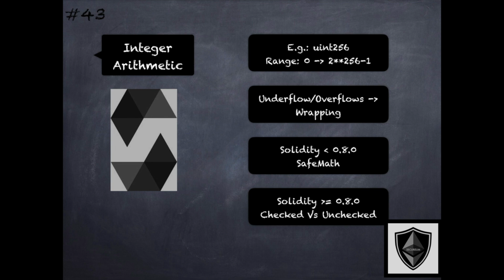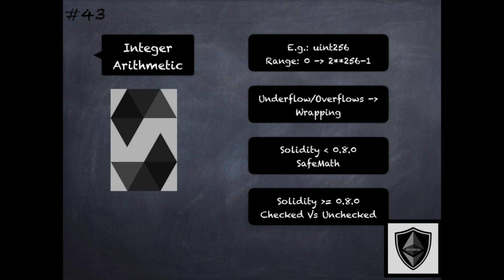This is something to be paid attention to, really a critical aspect of smart contract security. So when you're looking at smart contracts, do pay attention to the Solidity compiler version that was used. If it is below 0.8.0, then really there should be the use of safe math from OpenZeppelin or some of the other equivalents that make sure that the integers don't overflow and underflow and cause security vulnerabilities.